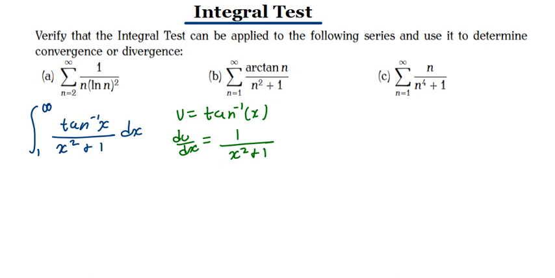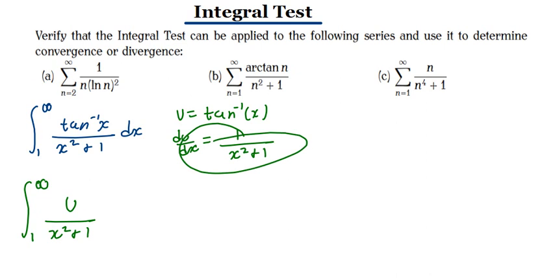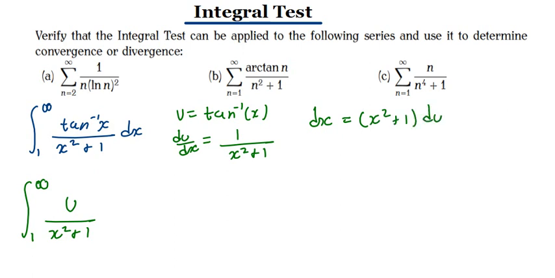Okay, so now I'll come here and say, evaluating from 1 to positive infinity, instead of tan inverse, I'm going to put u divided by x squared plus 1. Instead of dx, you have to make dx the subject of the formula from that one. You observe that your dx will be equal to x squared plus 1 du.